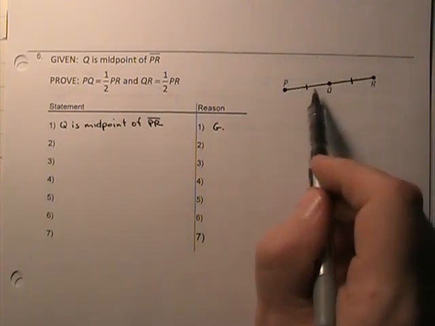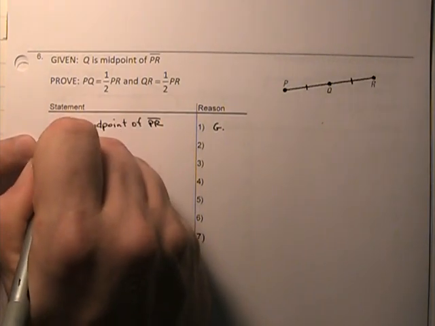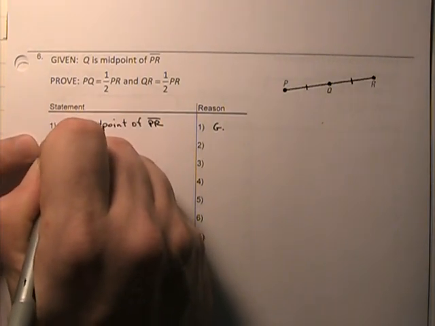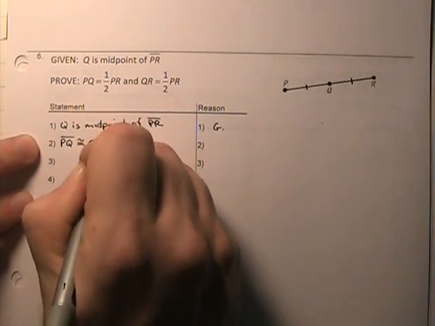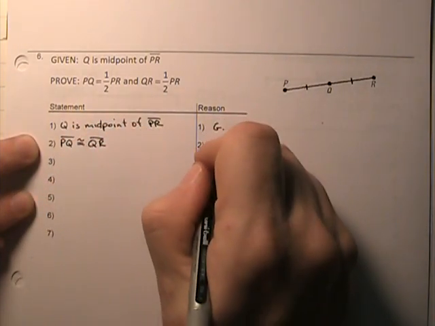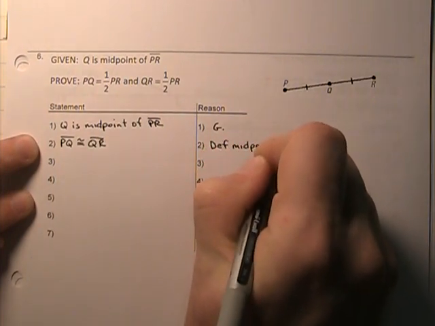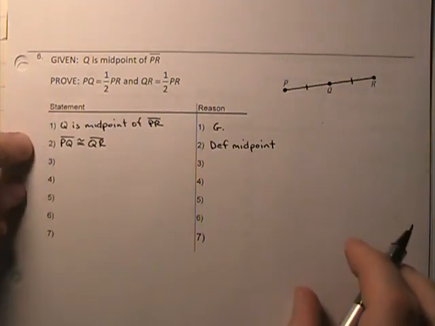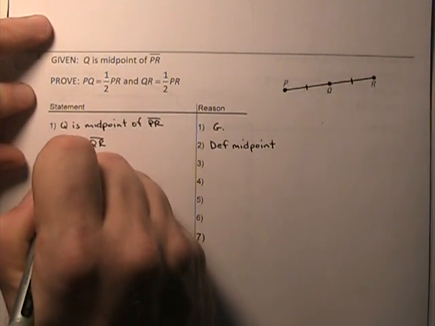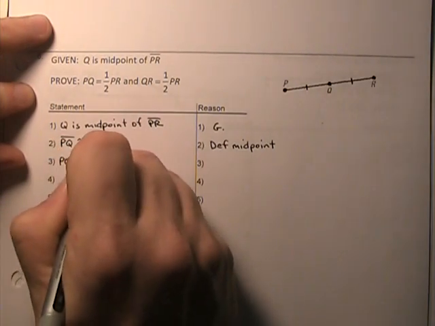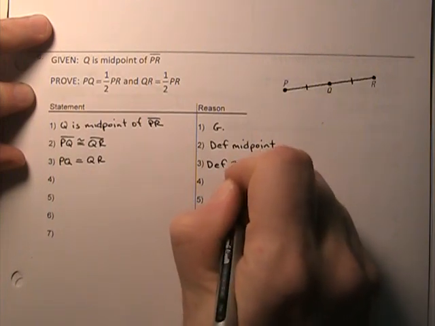So if this is the midpoint, by definition, I can say that these are congruent. So PQ is congruent to QR. That's just the definition of midpoint. And if that's true, we can say that length PQ equals length QR. That's the definition of congruent segments.